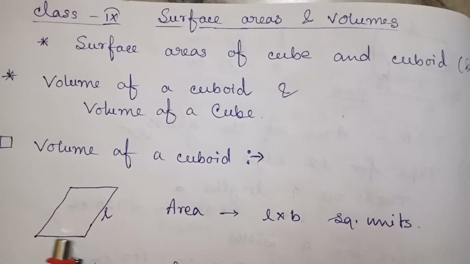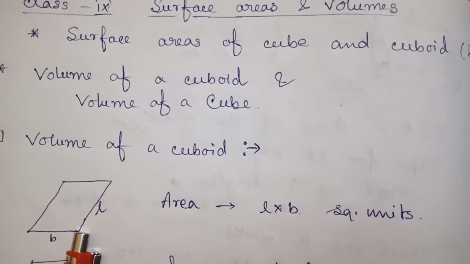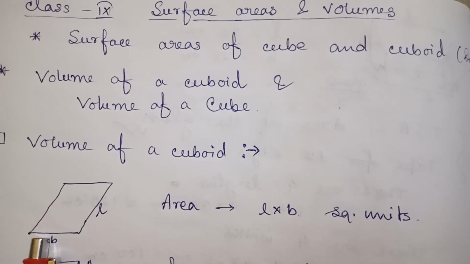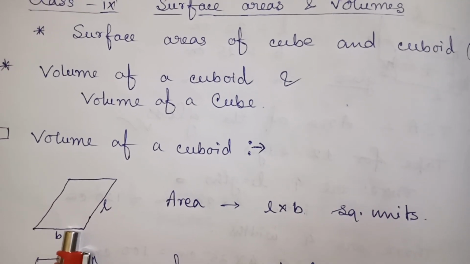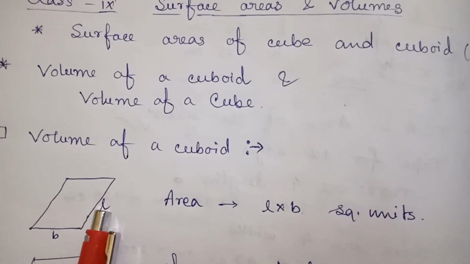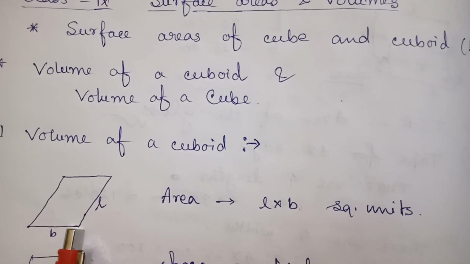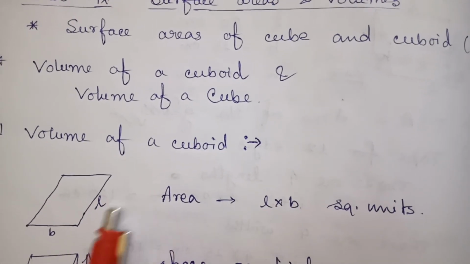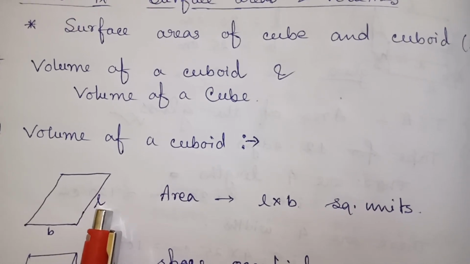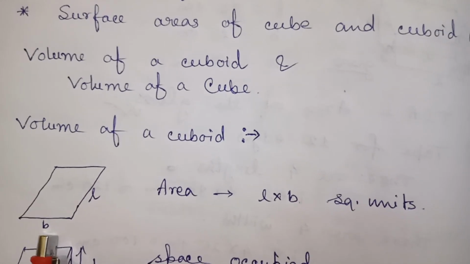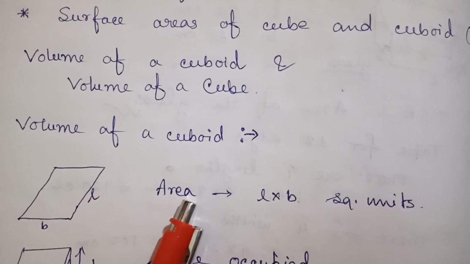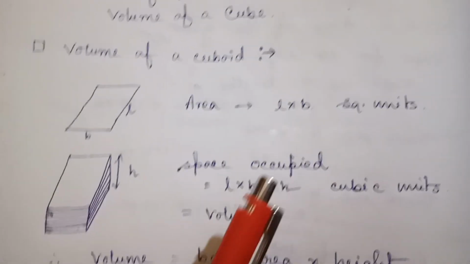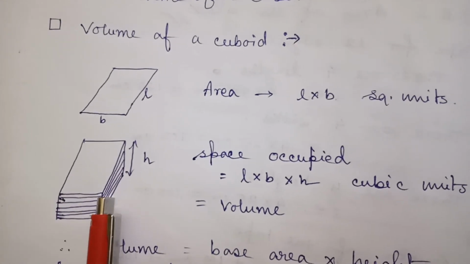But when we normally draw a three-dimensional figure, we have to draw it in an inclined way. Now this base area is a rectangle, so the rectangle's area formula is length into breadth. If it has length L units and breadth B units, the area will be length into breadth square units.